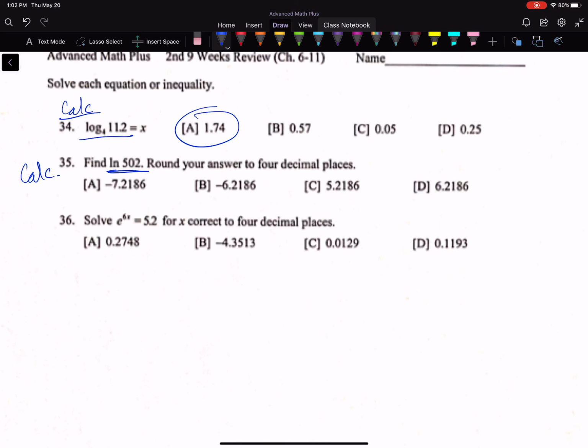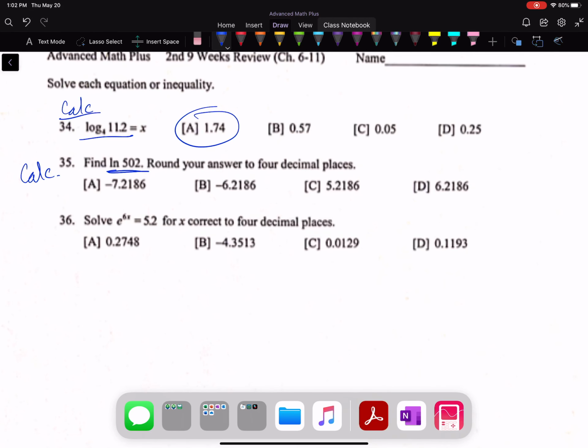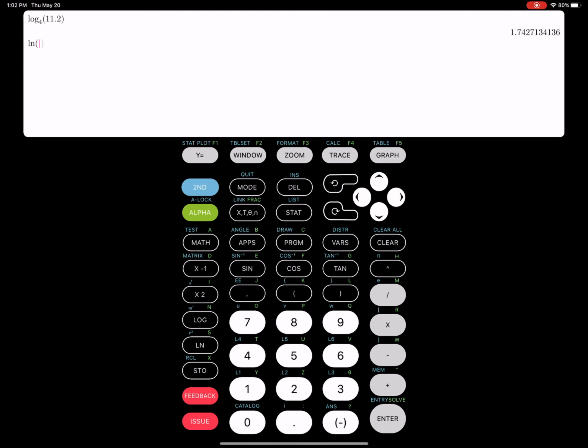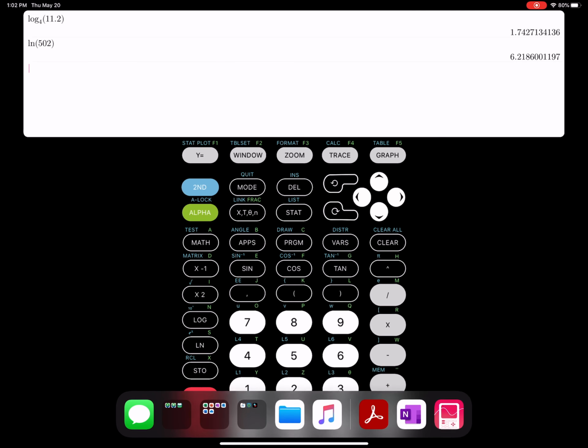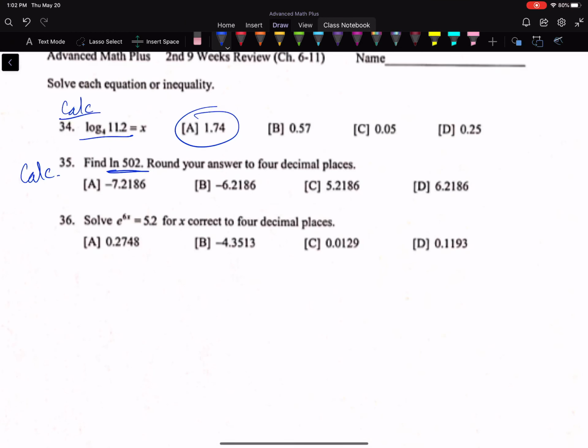Just plug in natural log of 502. So ln of 502 is 6.22, which is D. Okay.